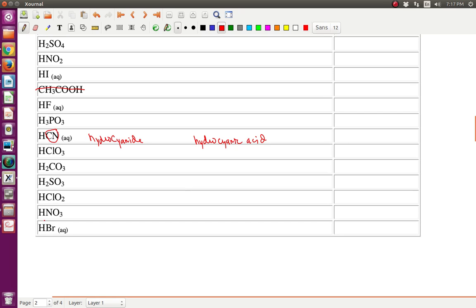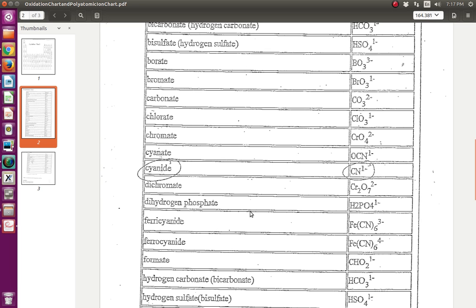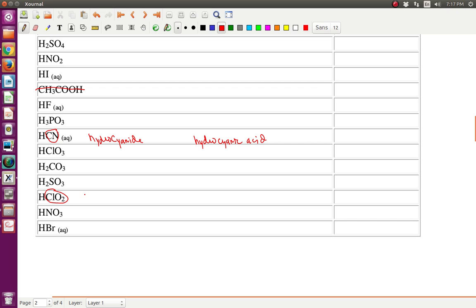Let's do 2 more of these guys. ClO2. There's the polyatomic ion. Let's go find ClO2. Well, I have ClO3, and that's chlorate. So what is ClO2? It's the one below ate: ate-ite. It goes per-ate, ate, ite. Ite's below. So ClO2 is chlorite. That's the ion I have to deal with. Chlorite.